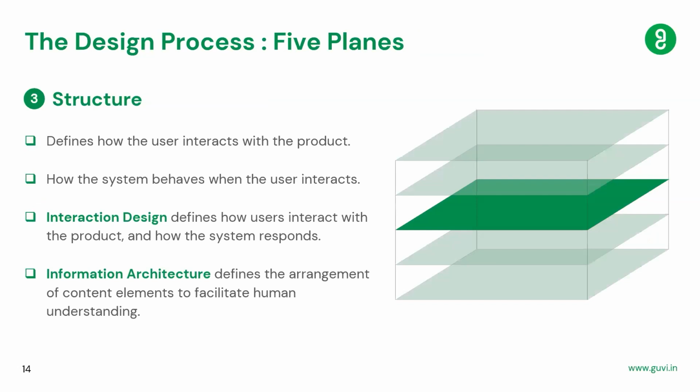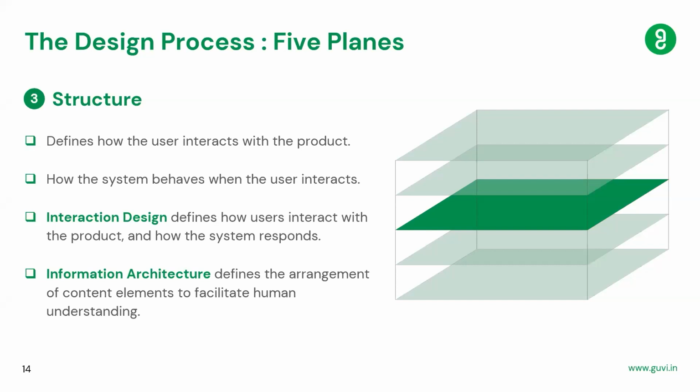The third stage is structure. It defines how the user interacts with the product, like how the system behaves when the user interacts. It has interaction design and information architecture. Interaction design, as I told you, is about the animations: how will the system animate when you click on a button, or how will it navigate to the next page.